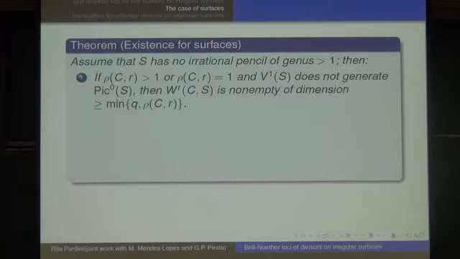And then you compare by dimension, because we know that V^1 has dimension at most 1, so it cannot contain the Brill-Noether locus. Or V^1 does not generate Pic^0 of S, and again, since the Brill-Noether locus generates, then you can compare and say they are not the same. And then in these cases, you have existence.